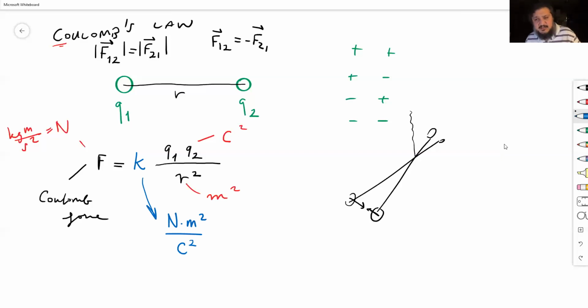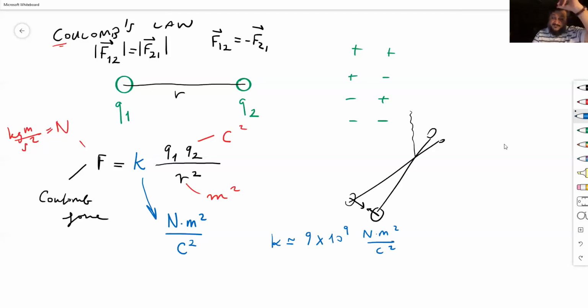It's an electrical constant, or Coulomb's constant, K, approximately equal to 9 times 10 to the power 9 newtons meter squared per coulomb squared.